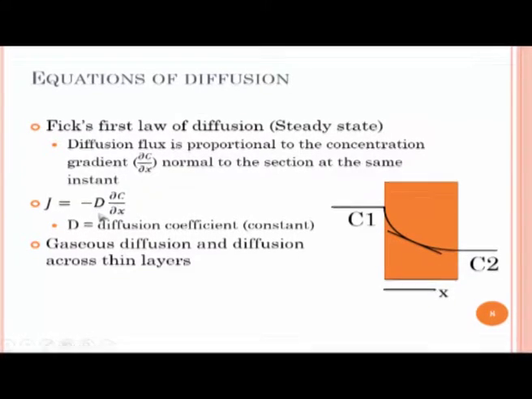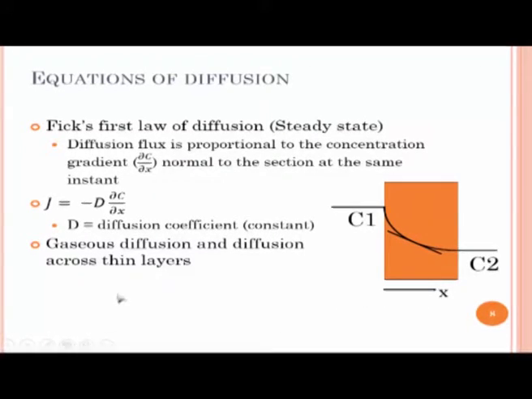Now I told you, very importantly, that in this case you have established a steady state. That means there will always be the same difference in the concentration. C1 will be here and C2 will be here, okay. That will always be the same difference in concentration on the outside and inside. The properties of the interior concrete are not changing with time, alright. So that is what we are talking about in terms of steady state.